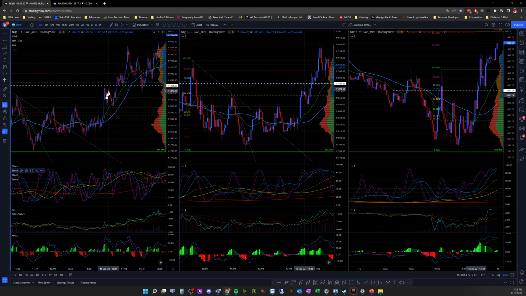So right here, for example, you see this flag break that happened on the 1 minute? 1 minute and 3 minute? Yep. If we take a look at where that flag was happening here on the 3, we can see that the MACD dipped down a little bit but never crossed over. But over here on the 1 minute, the MACD actually fell and crossed over.